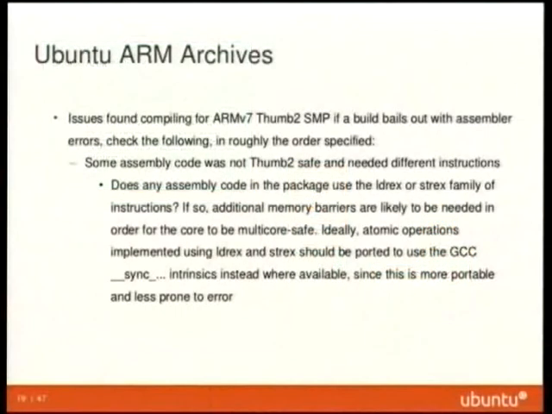So in certain cases in the archive, you'll find that certain packages were recompiled with ARM instead of Thumb 2 because we just couldn't take the time to rewrite all the assembly code, or in some cases, quite frankly, we didn't have the expertise that the original vendors had to write the stuff, so we just fell back to the ARM compilation, full 32-bit instructions, and the assembly code works as expected.